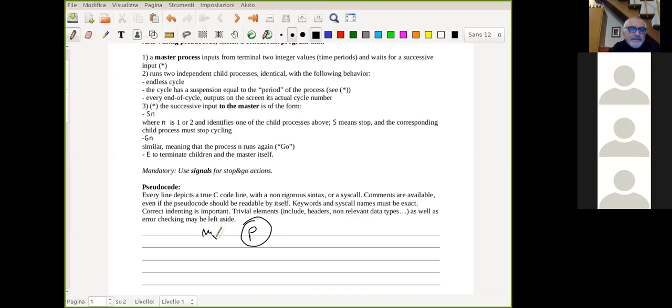Here is the smiling man interacting, and inputs from terminal two integer values. The integer values are time periods for the two child processes. So there's child 1 and child 2.